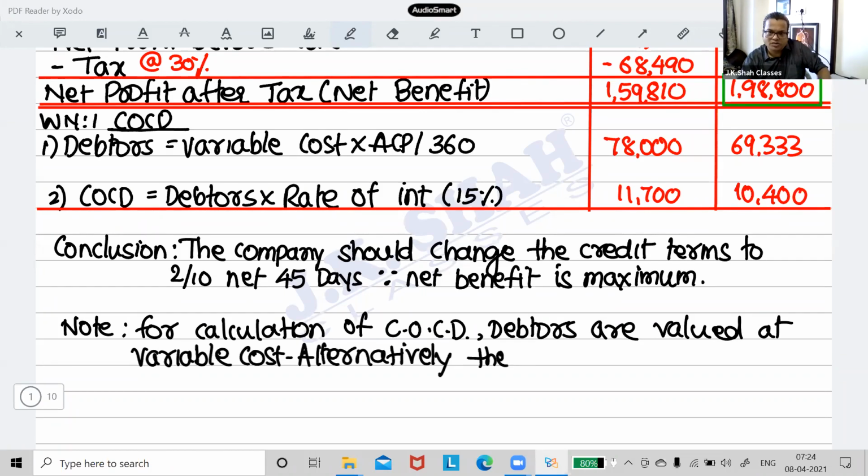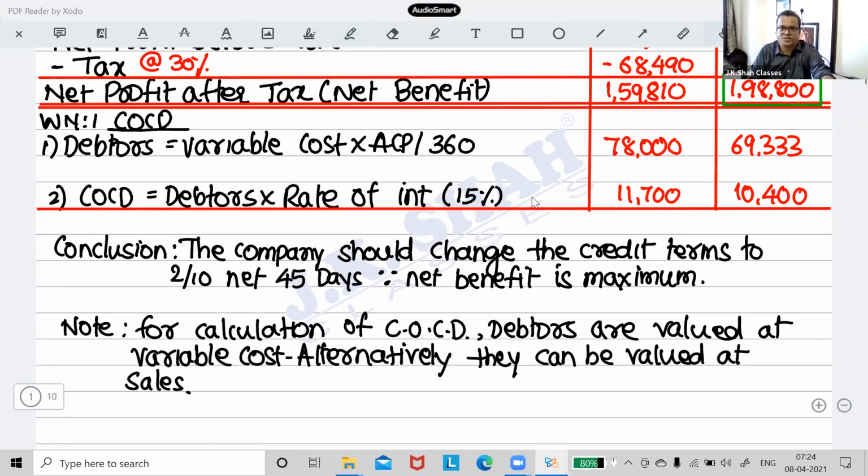Alternatively, they can be valued at 6. Right? We are not giving it any fixed cost now.